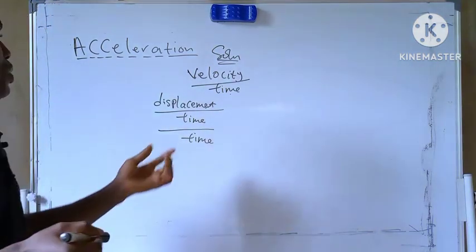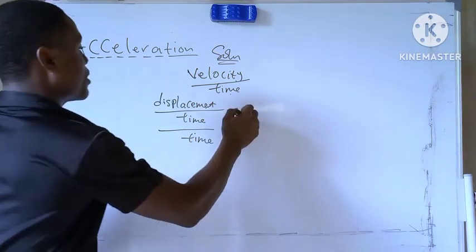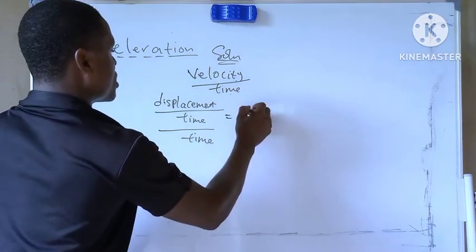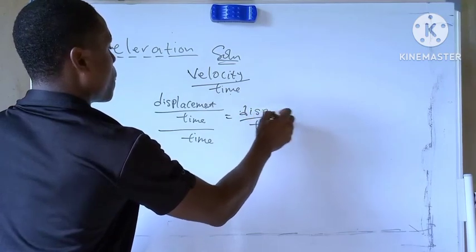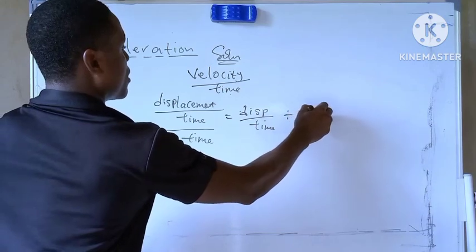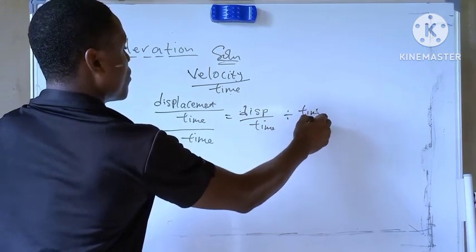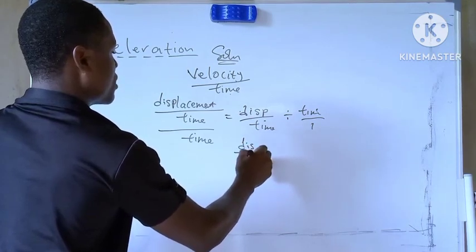So the next step is to multiply these two together. Are you getting it? Or we can write it this way, equal to displacement over time divided by time all over 1. So we have displacement all over time.